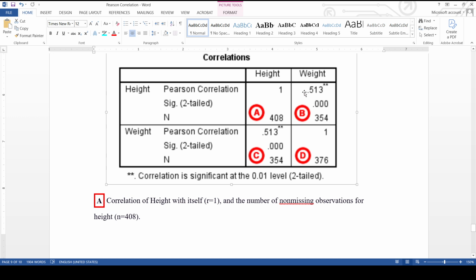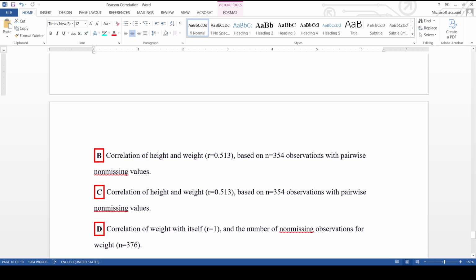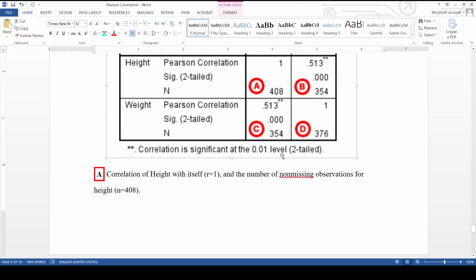And here we have a correlation of 0.513 with the outcome of 354 in the height there. And observation with pairwise non-missing value. This one is also pairwise non-missing value. That is for this B.